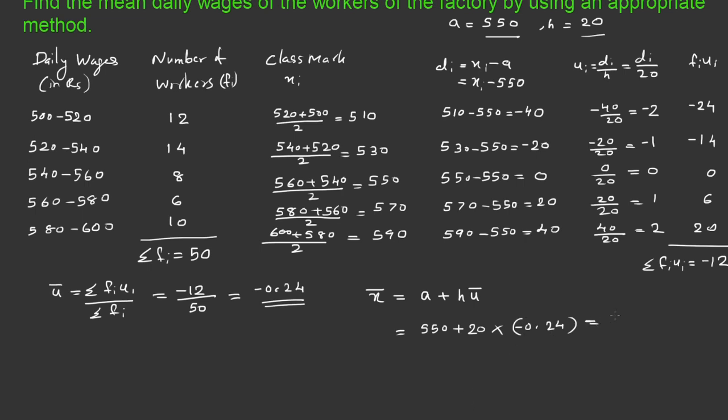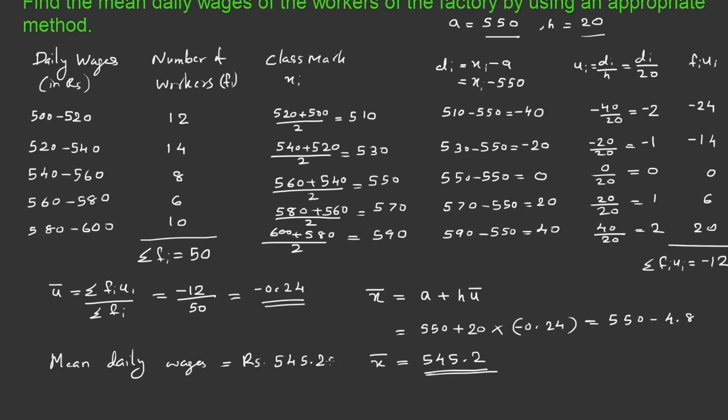That is equal to 550 minus 4.8. Therefore, x bar is equal to 545.2. Therefore, mean daily wages of workers of the factory is equal to rupees 545.2.